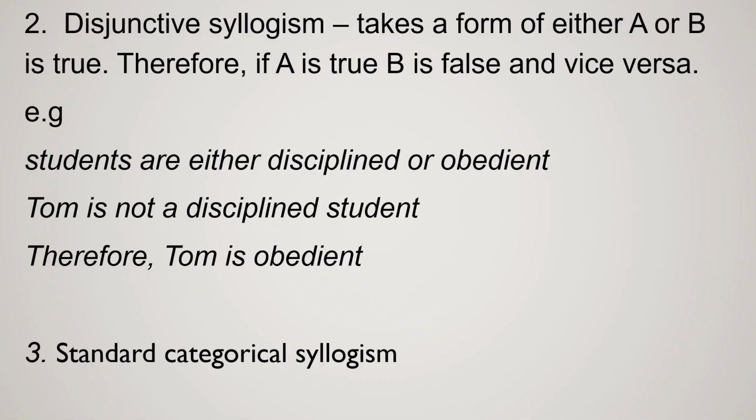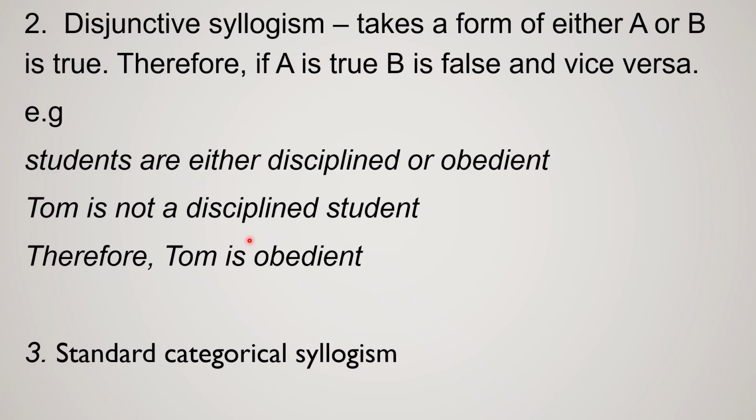The second type of syllogism is disjunctive syllogism, and this takes the form: either A or B is true. Therefore, if statement A is true, statement B is false, and vice versa. For example, when we say students are either disciplined or obedient.